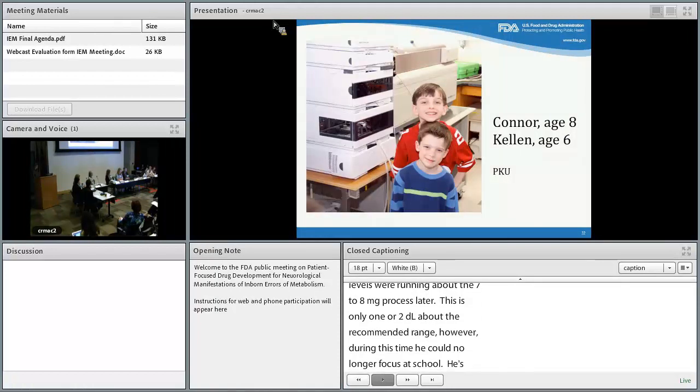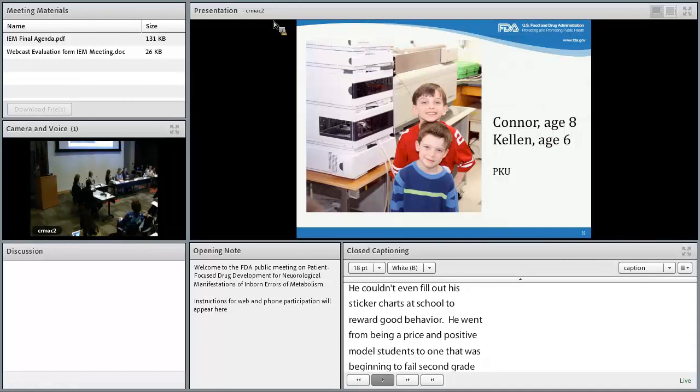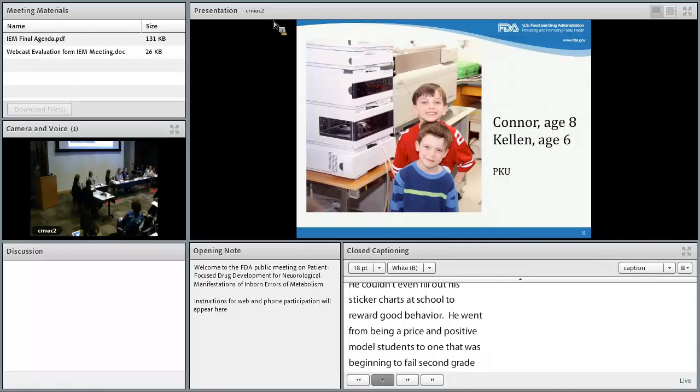He skipped problems on tests. He had difficulty completing simple assignments and could not follow directions that were more than 1 step. He couldn't even fill out his sticker chart at school to reward good behavior. He went from being a bright and inquisitive model student to one that was beginning to fail 2nd grade, and his teachers talked to us about holding him back.